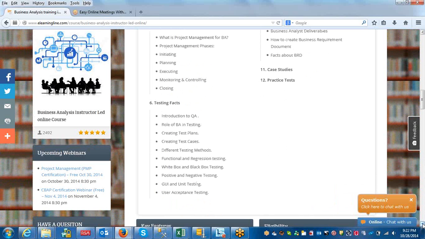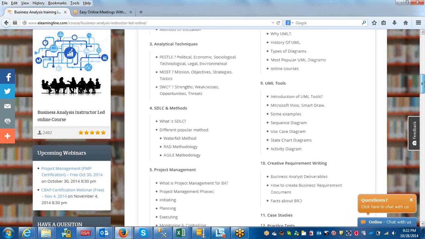So having that knowledge adds a lot of value to your profile, because the question being asked is what kind of challenges did you face, what exactly you did as part of this phase, what was your role, how did you handle the user acceptance testing. All these things you can learn about as part of the testing phase.